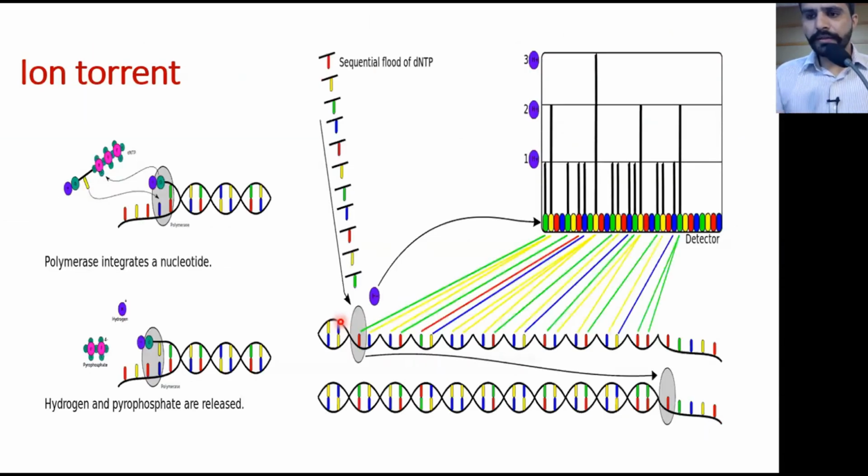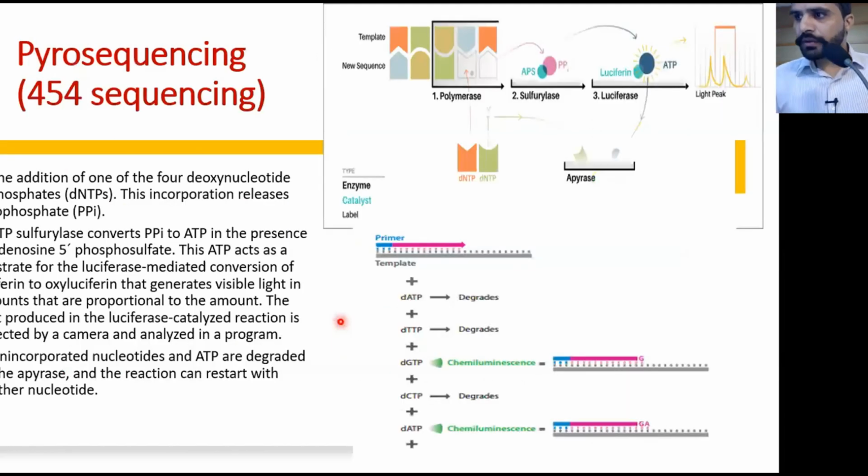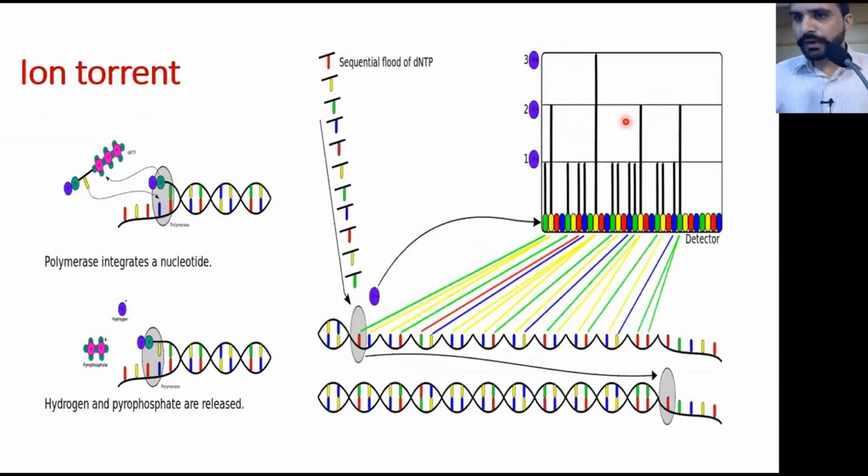So Ion Torrent is very similar to pyrosequencing. The difference is that in pyrosequencing we use pyrophosphate, and that pyrophosphate is used for detection. But in Ion Torrent, during incorporation of the nucleotide, not only pyrophosphate but a hydrogen ion is also released. In that system as well, we use different runs of nucleotides.